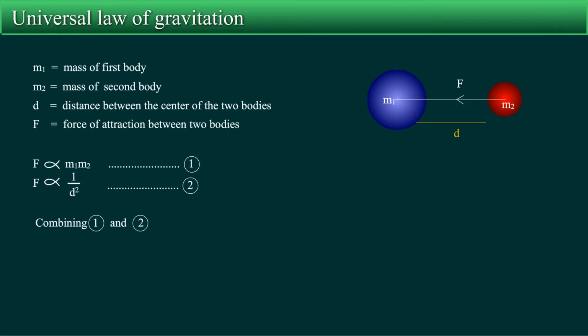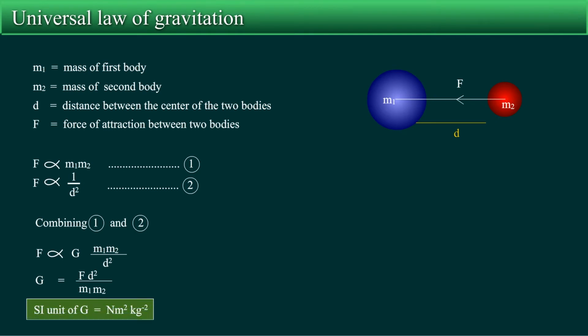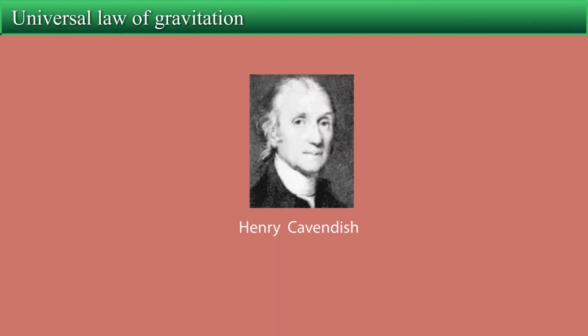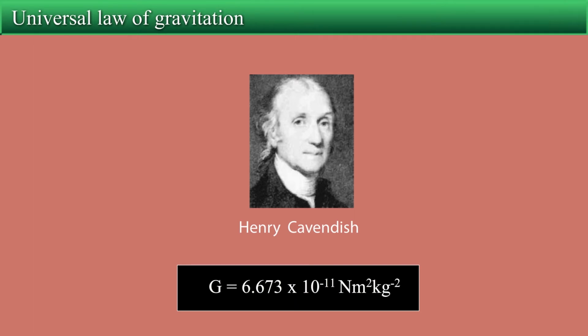To equate this, we use a constant of proportionality, G, which is called the universal gravitation constant. We can get the value of G as F d squared divided by m1 m2. The SI unit of G is Newton meter squared per kilogram squared. Henry Cavendish found the value of G by using a sensitive balance.